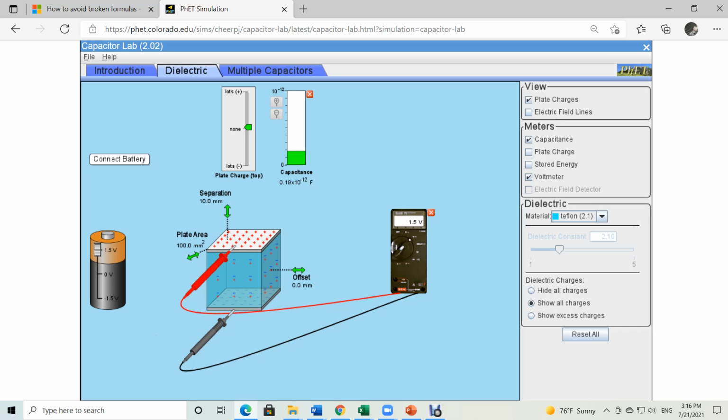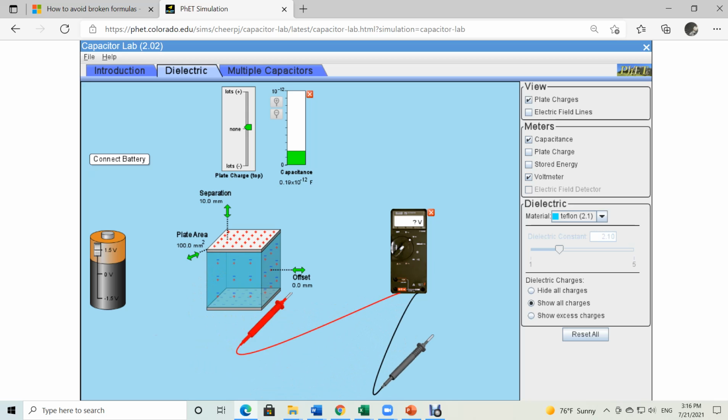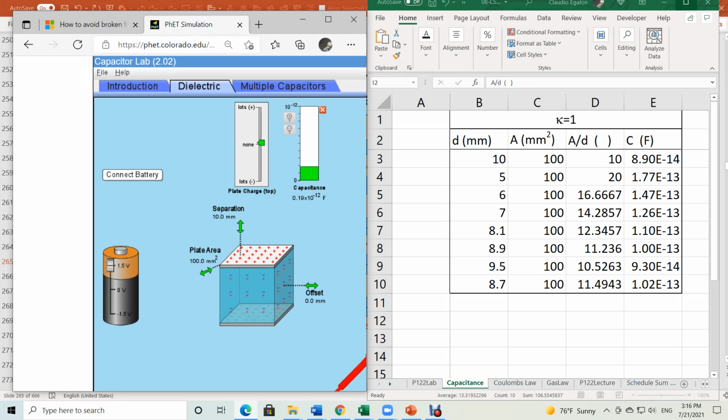See, still 1.5. But the capacitance is going to be different. The amount of charge is going to be different as well. We can increase the separation. No, we cannot increase the separation. We can only decrease the separation, right? Okay, capacitance is 0.19 times 10 to the minus 12. A 10 millimeter separation.